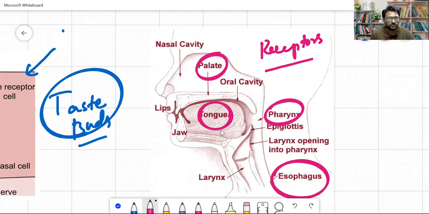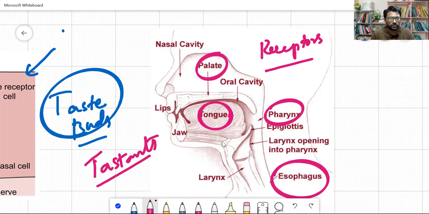Now there are specialized cells located in the taste buds, which recognize the taste molecules. There are five main tastes present.